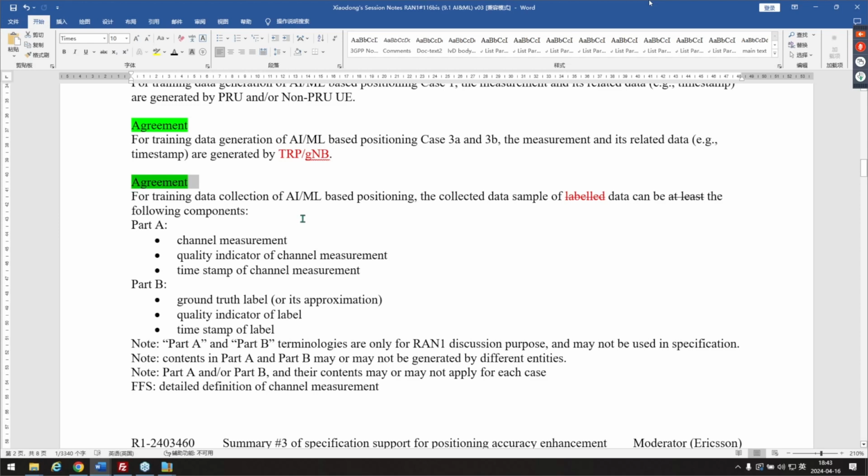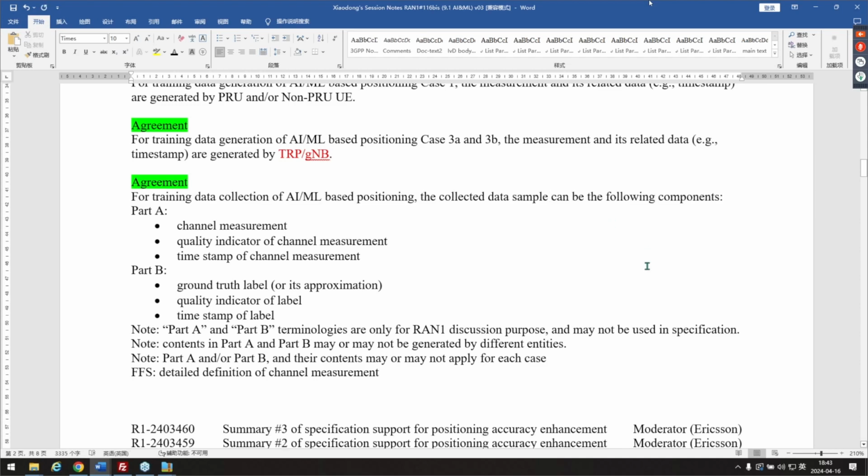The correct data sample. I don't like the wording of data. Remove of data, I guess. If we remove the label, then we remove of data. Or can include the following, or can be the following.